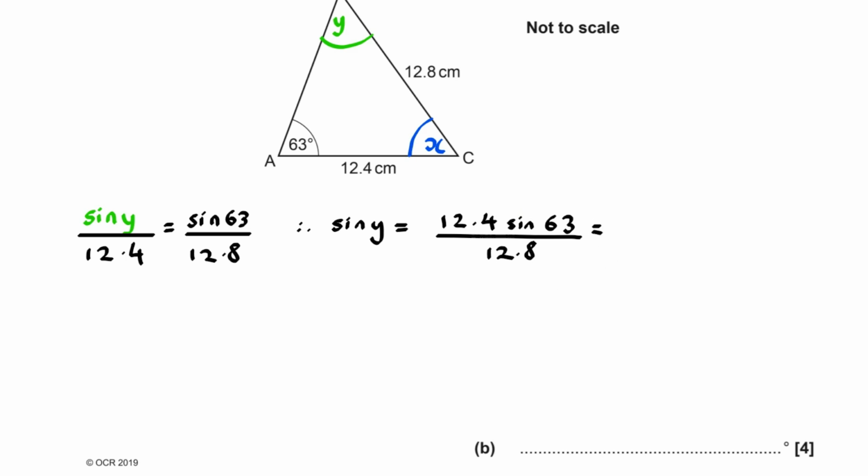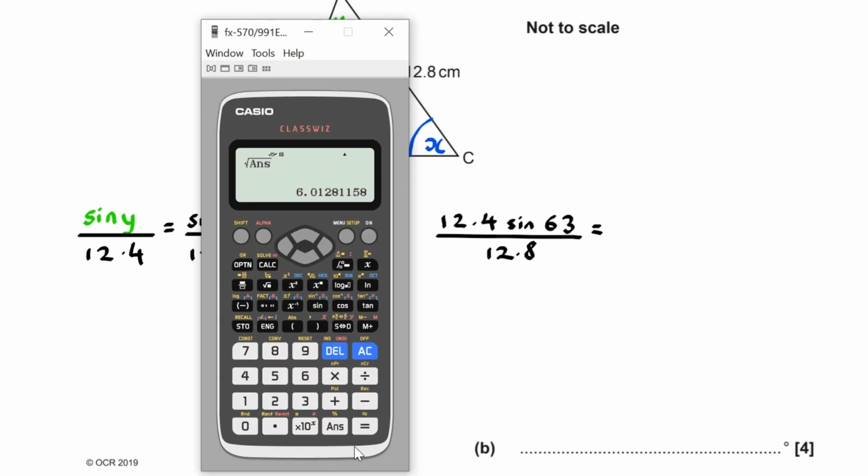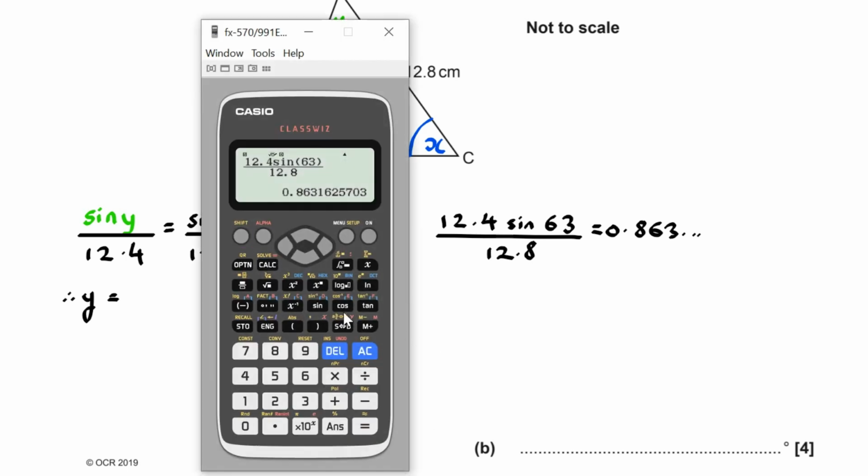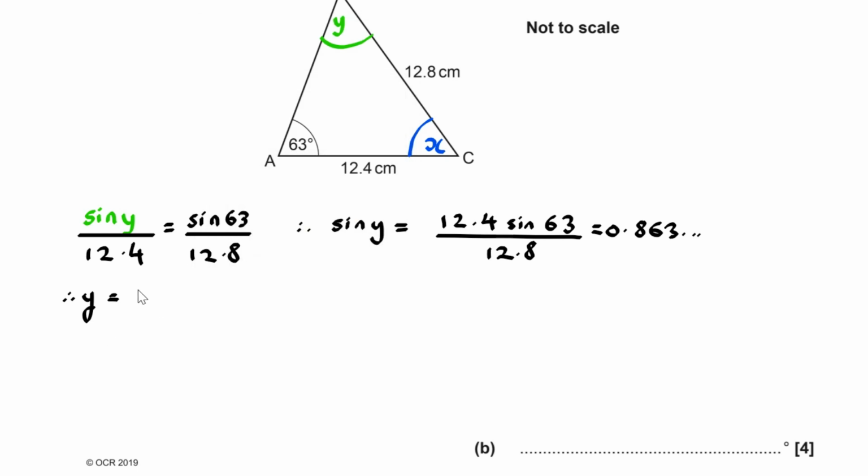And if we work this out, we have 12.4 times by the sine of 63 divided by 12.8, which is 0.863, etc. And therefore we can find out what y is. y is equal to the inverse sine of this, which is 59.67.